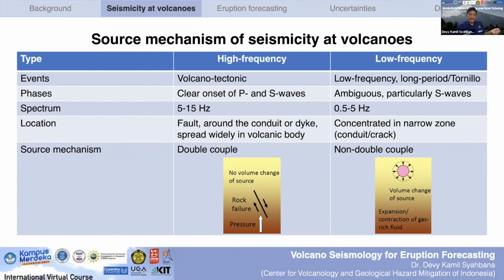On the spectrum side, the high frequency has a frequency range of 5 to 50 hertz, and the low frequency has 0.5 to 5 hertz. Mostly the location is around the fault or around the conduit or dike for the high frequency events, and can also be spread widely in the volcanic body. But for the low frequency event, the location is concentrated in a narrow zone, which can be in the form of a conduit or crack.